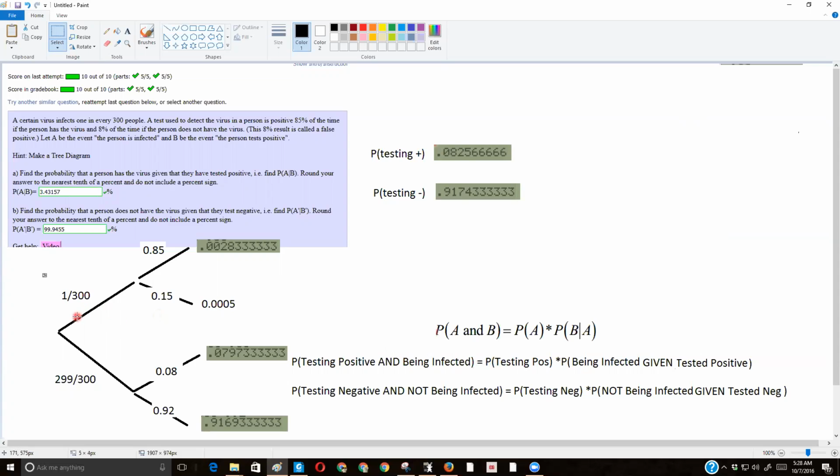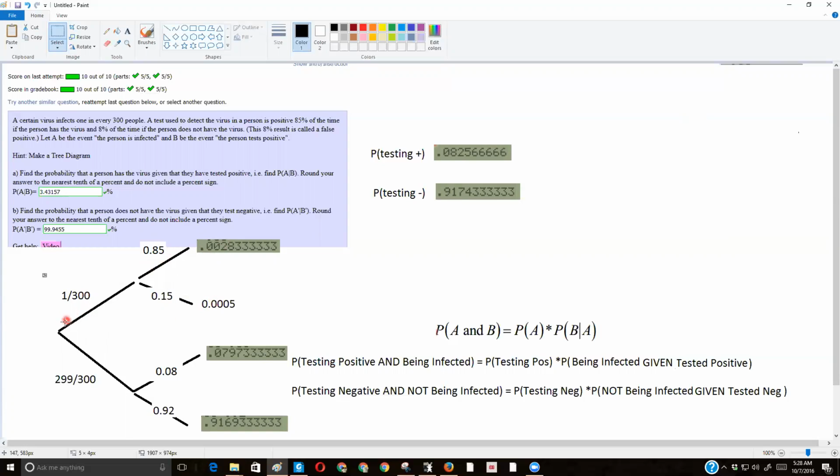Okay, so now the trick is, how do we find these numbers? As I pointed out in my tree diagram earlier, I just set up the branches with the different probabilities. And to get these ending numbers, all I did was multiply. I went 1 divided by 300 times 0.85. Because I'm multiplying, this is an and probability. This is the probability of somebody being infected and testing positive.